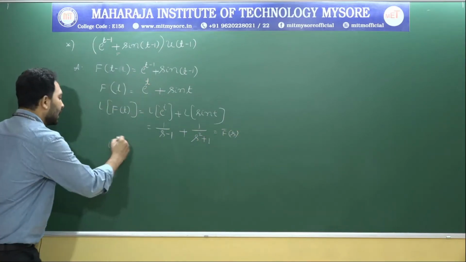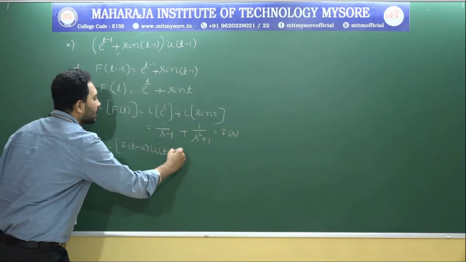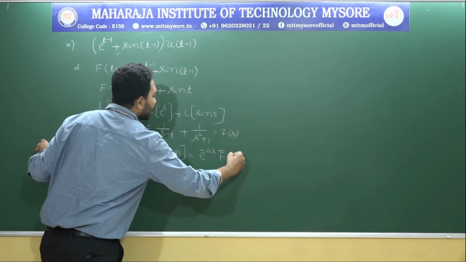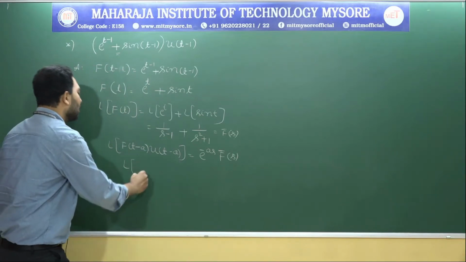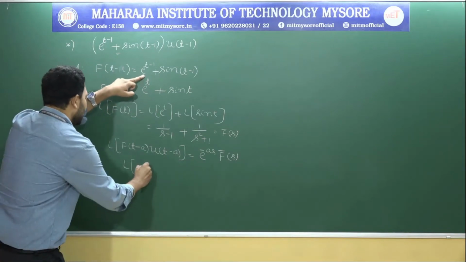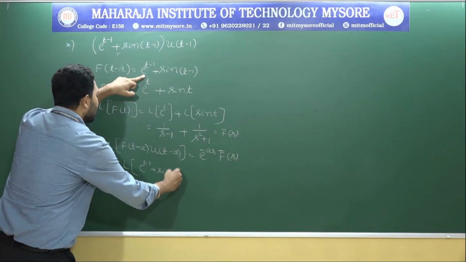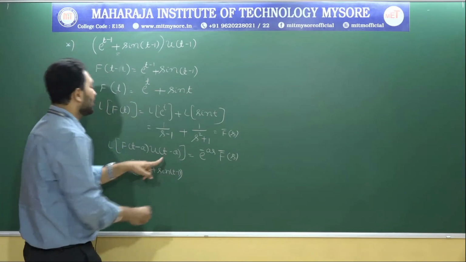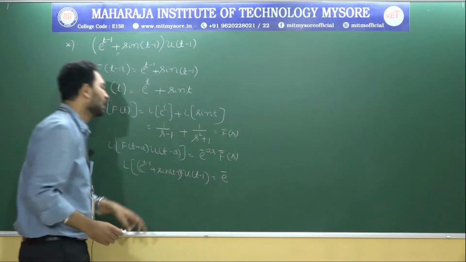Then what is Laplace of f of t minus a into u of t minus a? It is e power minus as into f bar s, the standard property of the unit step function. In this problem, f of t minus 1 is e power t minus 1 plus sine of t minus 1, into u of t minus 1, which equals e power minus a s.